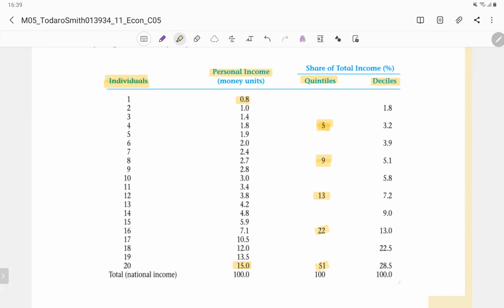So basically, when you do quantiles, you break down the whole population into 5 proportional parts. And with the deciles, you divide it by 10 parts. You already know how to calculate decile in your statistics class.